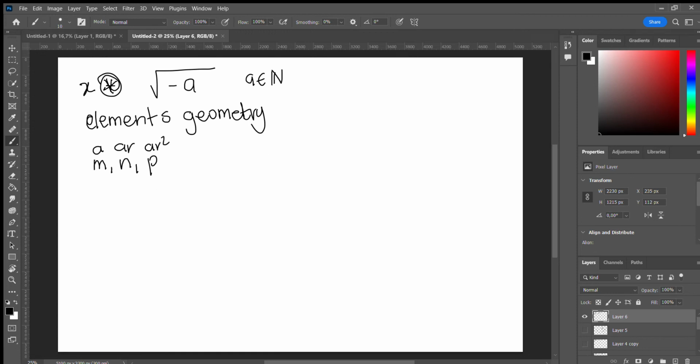We're also given additional information that x equals minus n plus or minus the root of n squared minus 4mp, all over 2m. You immediately recognize this as the same as the quadratic formula. It's fine.